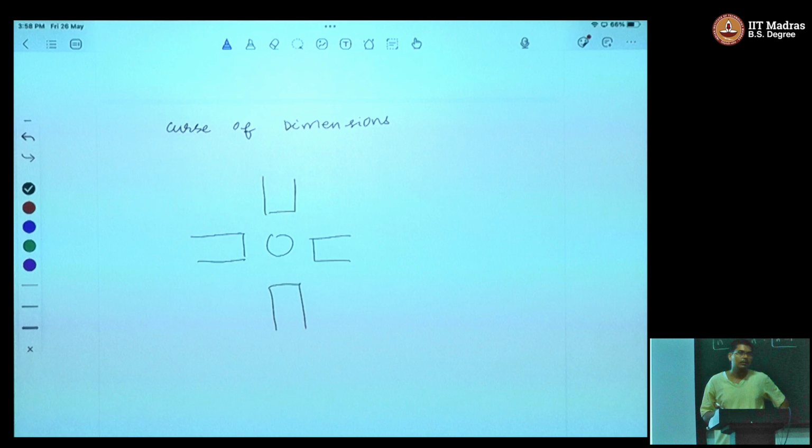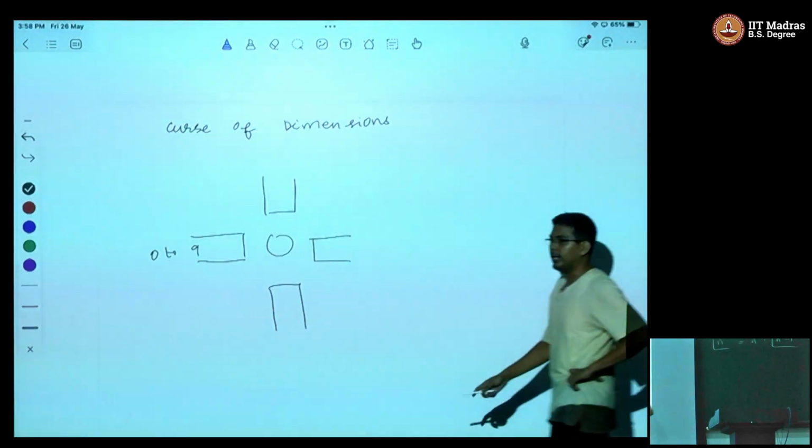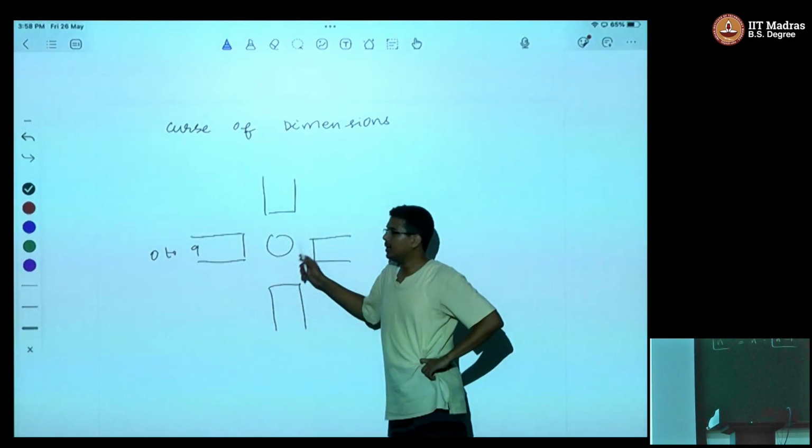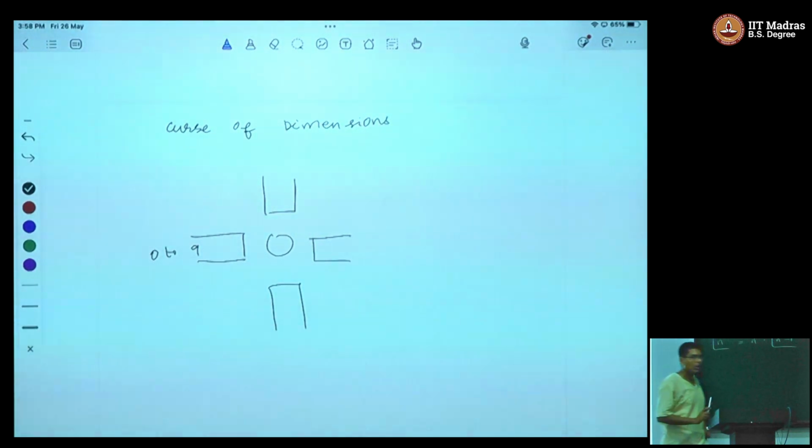In each lane there could be 0 to 9 vehicles. How many possible configurations does this traffic junction have? Each lane can be 0 to 9. This lane also can be 0 to 9. This lane also can be 0 to 9. How many? 10 power 4.